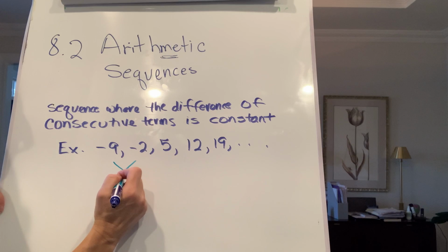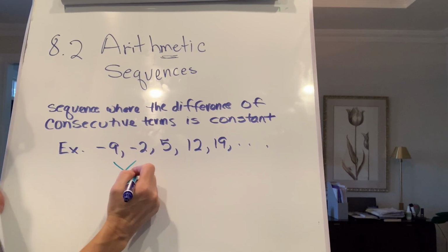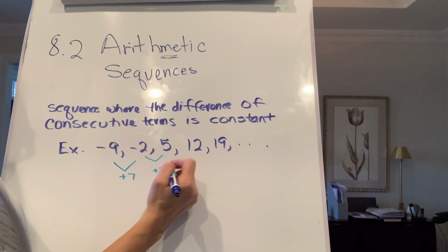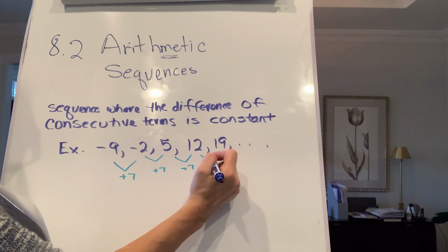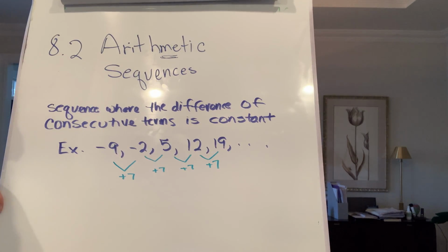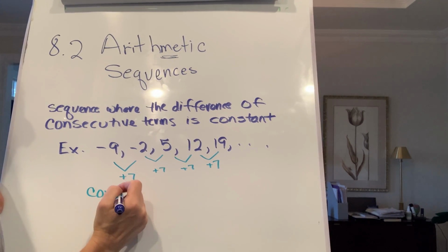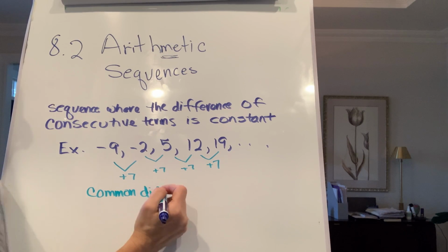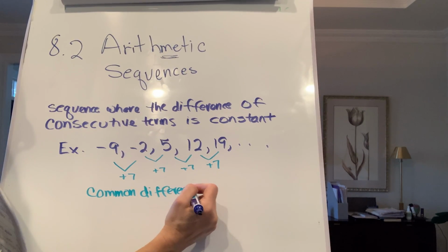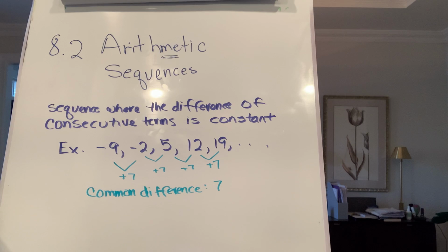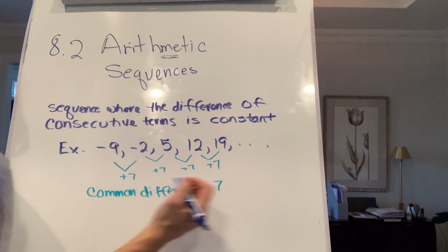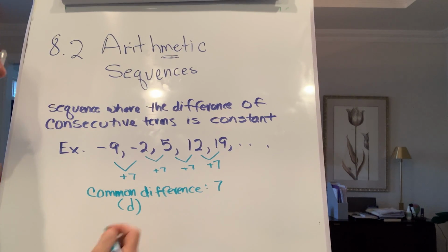So here, to get from -9 to -2, I'm adding 7, I'm adding 7, I'm adding 7, I'm adding 7. So this would be an arithmetic sequence, and we call this 7 the common difference. So in this case, our common difference would be 7, and we represent that with the variable d.